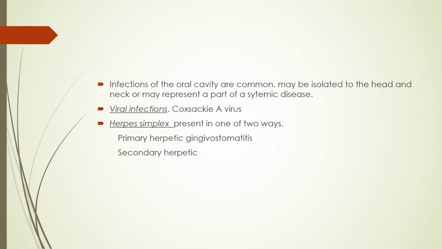In primary herpetic gingivostomatitis, there are painful erythematous oral vesicles, and these vesicles usually rupture within 24 to 48 hours, but usually within 24 hours. Sometimes they leave a coalescent ulceration, where many small vesicles combine on rupture to form a large ulceration.